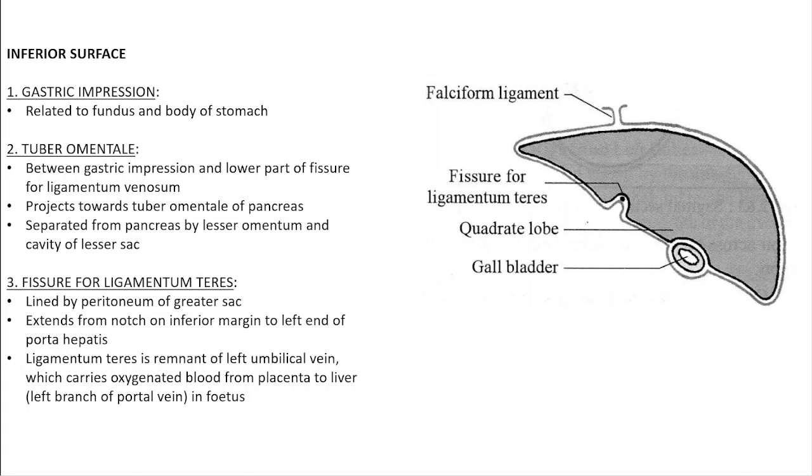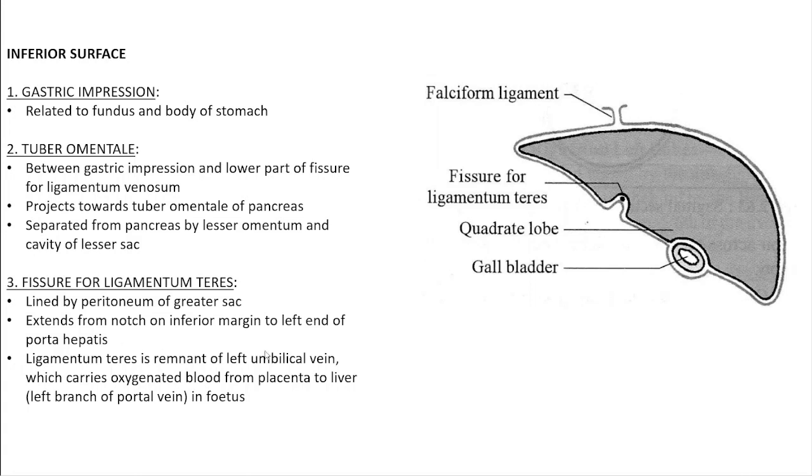If you remember general embryology, the umbilical cord contains two umbilical arteries, which are branches of the internal iliac artery. They carry the deoxygenated blood from the fetus to the placenta, and there is a single umbilical vein in the fetus. Initially, there are two umbilical veins, left and right, but out of them, the right umbilical vein degenerates, and only the left umbilical vein is left.